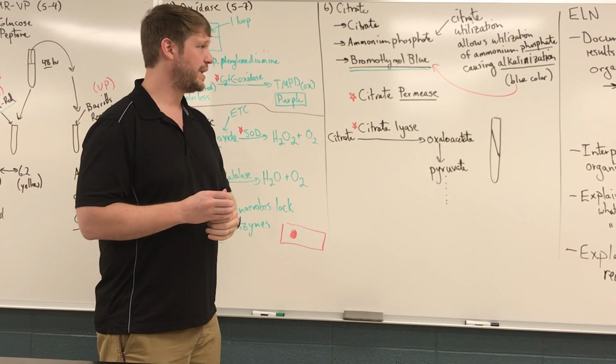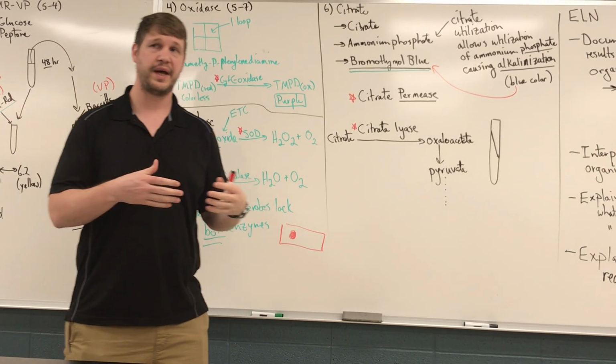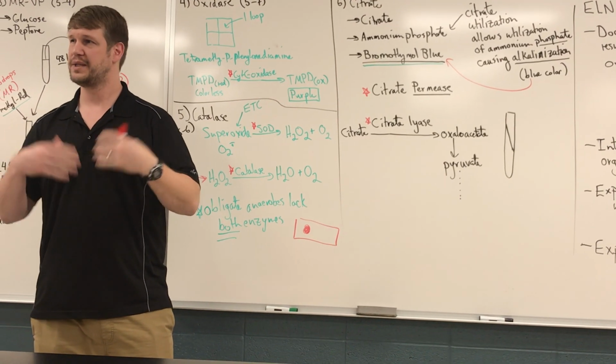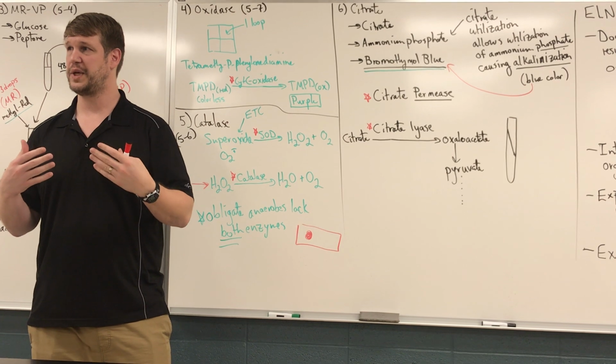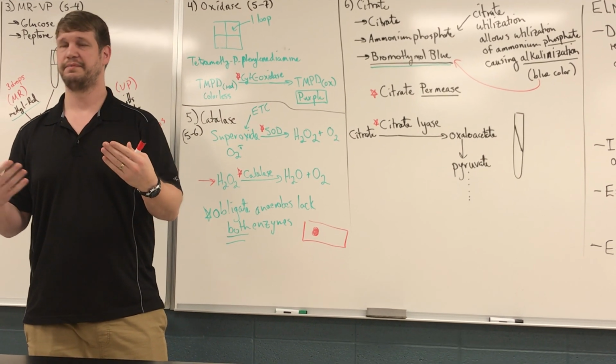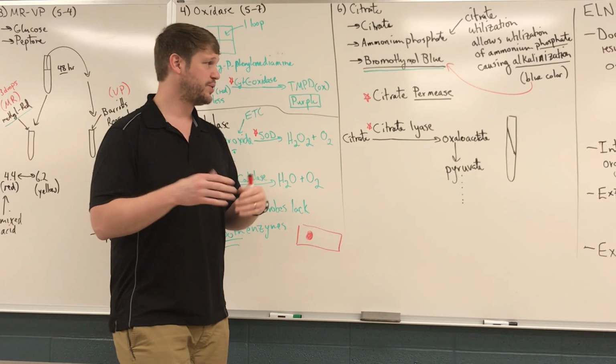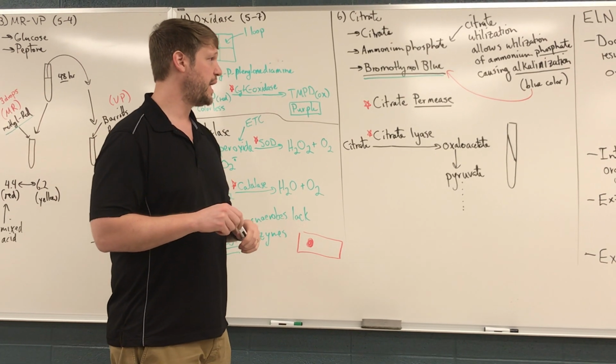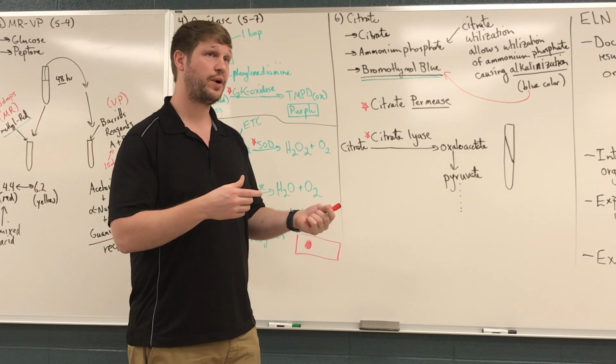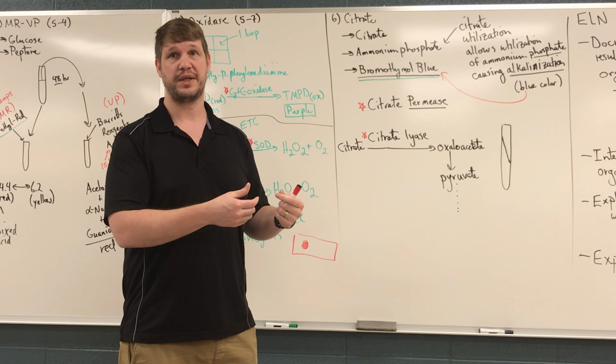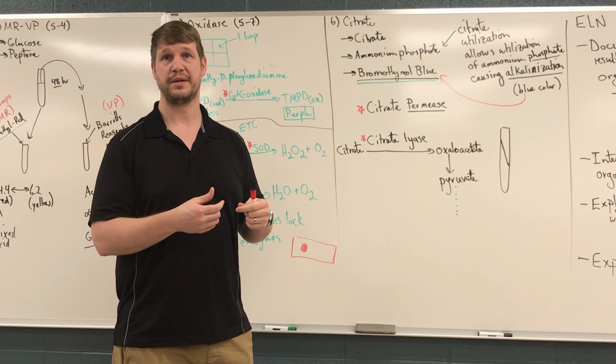So you would think that any organism that's doing metabolism like we do in our mitochondria would be citrate positive, but that's actually not the case. And the main issue is that not every organism can take up citrate from their environment.